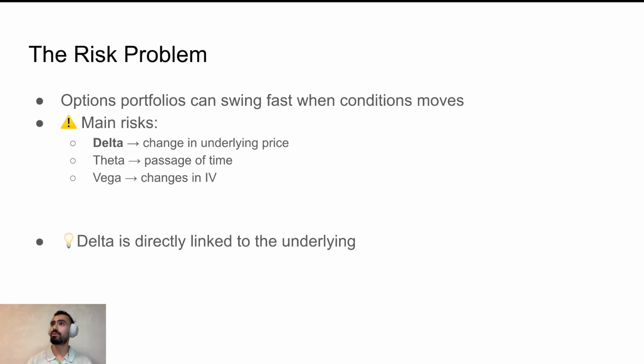And as we know, I mean, we probably all went through it, buying out of the money options and seeing them go to zero very fast. I mean, I've been there, don't worry. But options, they move fast. Their pricing moves extremely quickly. And the main risks during a trading session that have a very large impact on the option price are the underlying price, which is measured with delta, the passage of time.